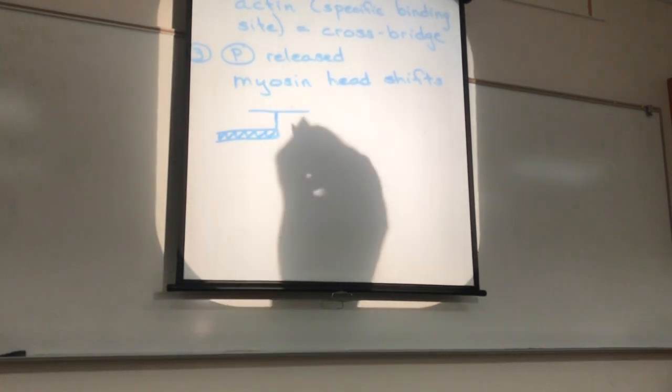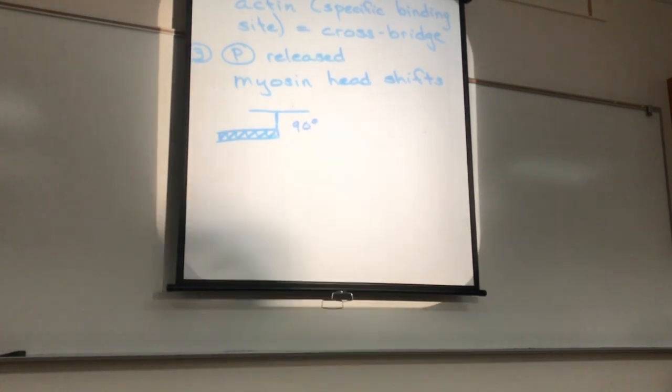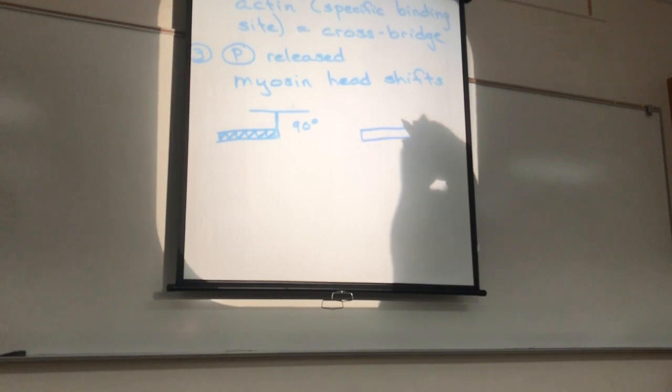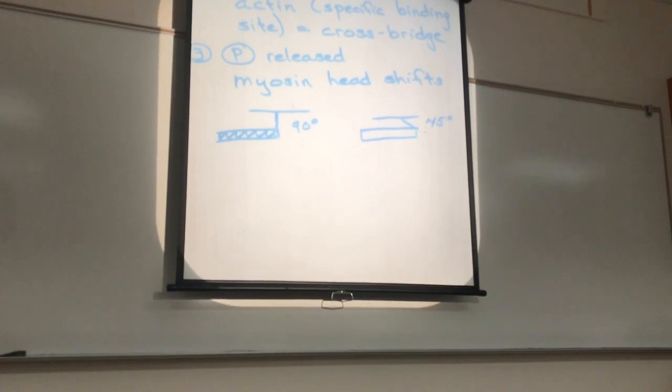The way I learned this was that the attachment was at a 90-degree angle. Maybe not, but that's the way I learned it. Now, when the phosphate is released, the myosin head is going to very abruptly shift from a 90-degree angle to a 45-degree angle.